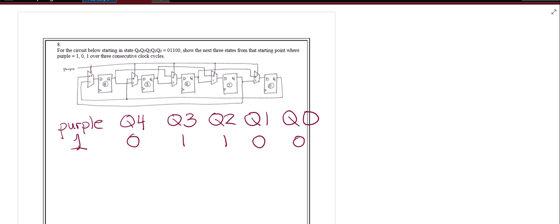So that means the input is whatever is coming into the 1 input of the multiplexer. And what's coming into the 1 input of the multiplexer is the output of flip-flop 0. The output of flip-flop 0 is 0.